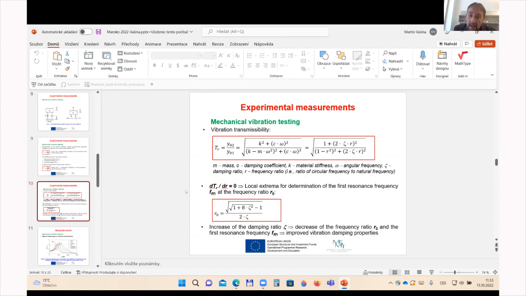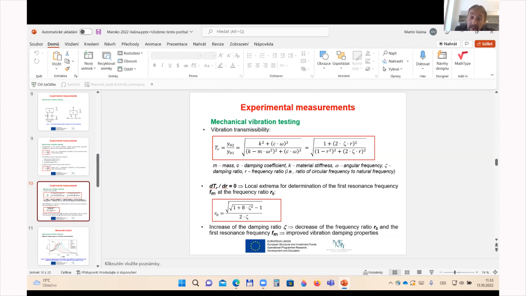And here we can express the vibration transmissibility based on the acting forces, as was seen in the previous figure.